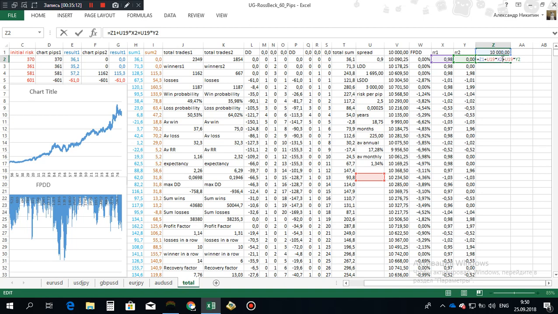Okay, and this is your account plus 1% of your account, of course, multiplied by your account, of course. Well, this is the formula, but here you have risk percent, and it should be 0.01.